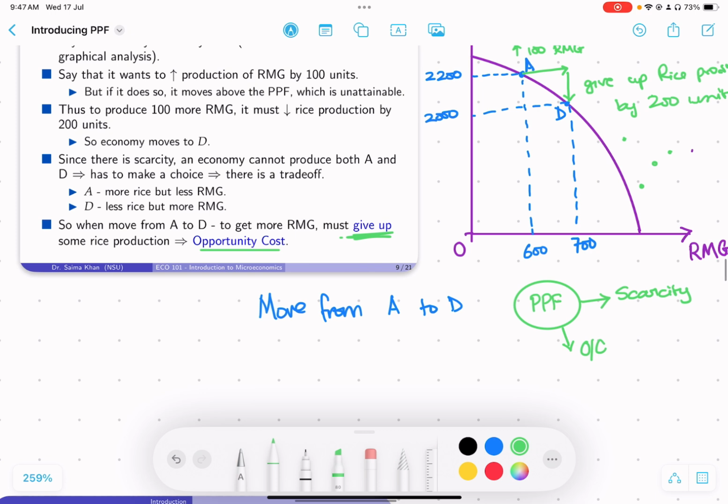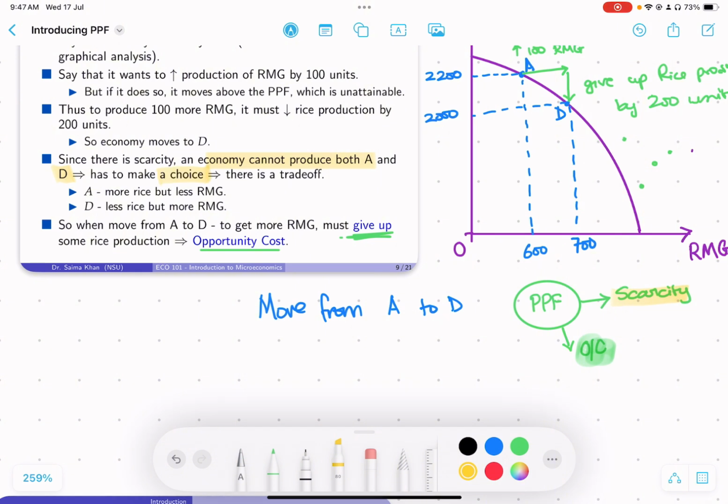And again, how else are we seeing this concept of scarcity? Opportunity cost is sort of intertwined. It's very closely related to scarcity. So we're also seeing scarcity when moving from A to D, the economy cannot produce both A and D, right? So it has to make a choice.